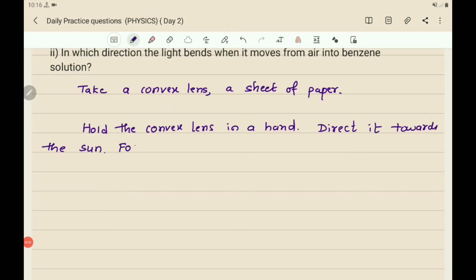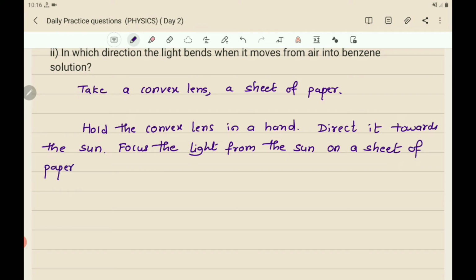Focus the light from the sun on a sheet of paper. On a sheet of paper, obtain a sharp bright image of the sun.